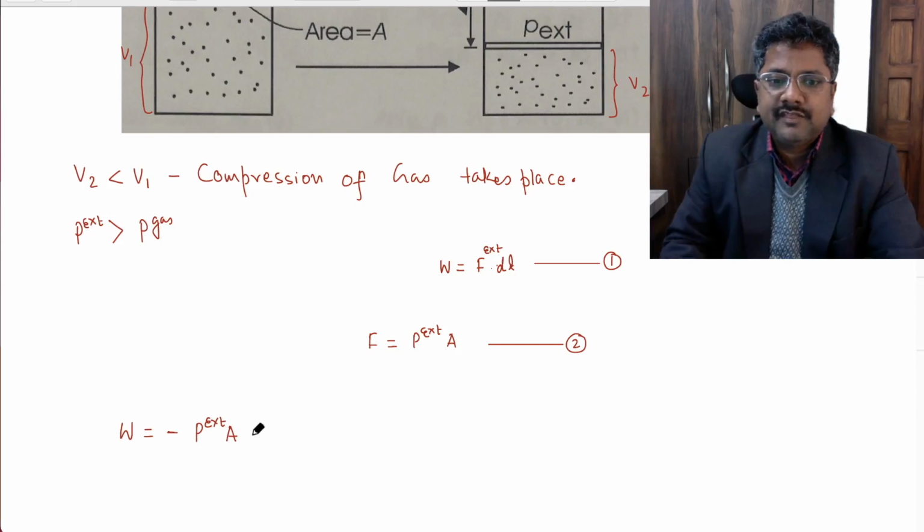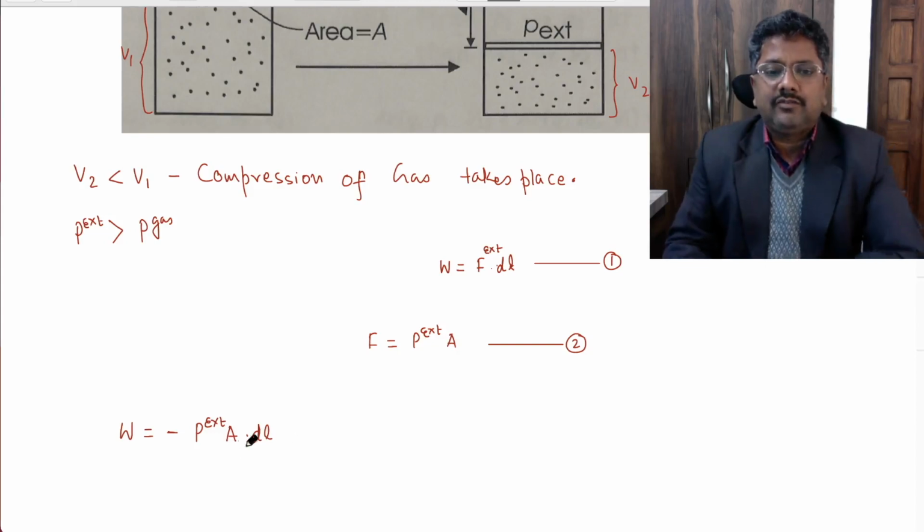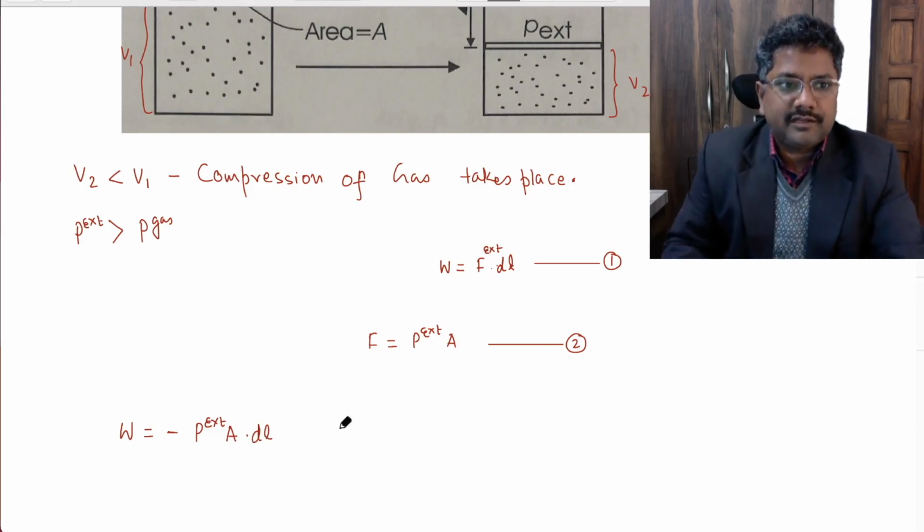In place of F we can put P external A into DL. So A into DL is equal to delta V. So this is equal to minus P external delta V, right?